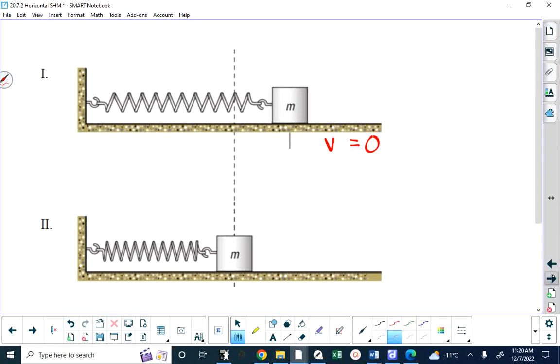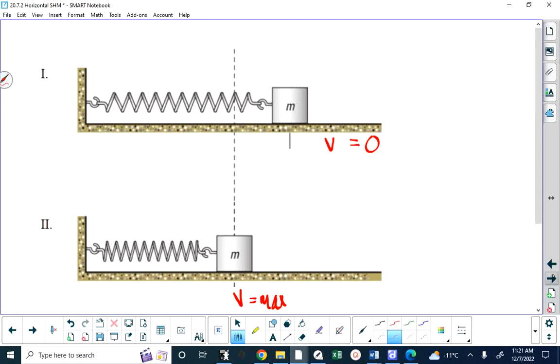The speed at the equilibrium position will have a maximum value. And as it goes from the position shown in diagram 1 to the position shown in diagram 2, the speed will go from 0 to some maximum value, just like the speed of the pendulum goes from 0 at its maximum displacement to a maximum value for the speed at the lowest point.